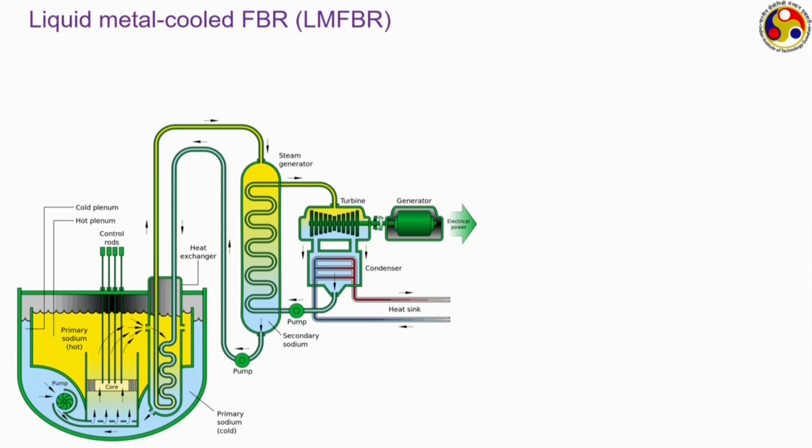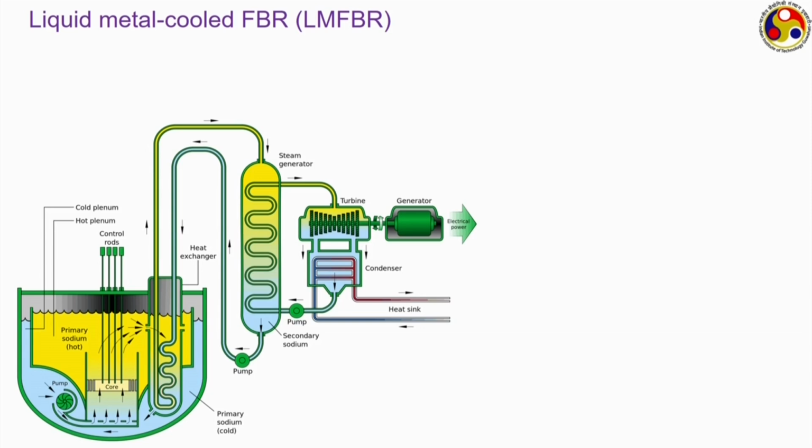Sure, it is a pool type design, because here you can clearly see the reactor core, the primary pump, and also this intermediate heat exchanger. All of them are immersed into this big pool of liquid sodium. So, as they are all immersed into this big pool of liquid sodium, we call it a pool type design.